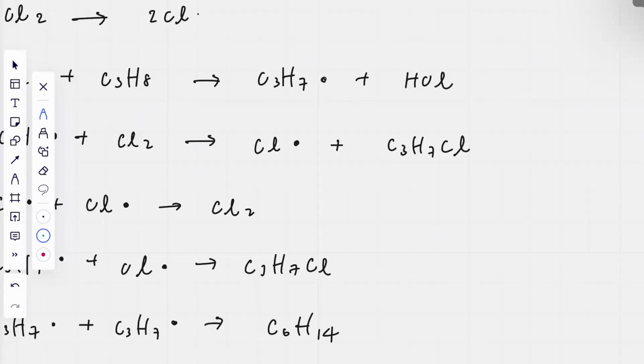Very detailed question and very confusing. This one is called chloropropane. How many possible chloropropane are you going to produce?